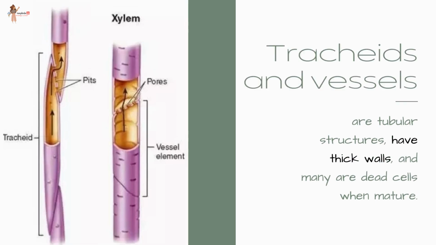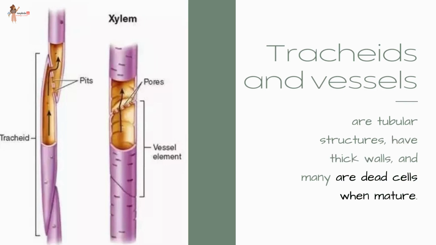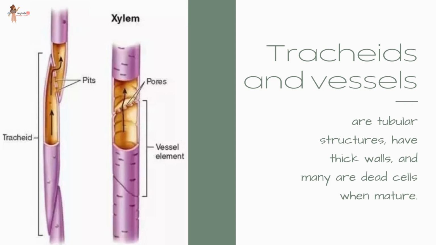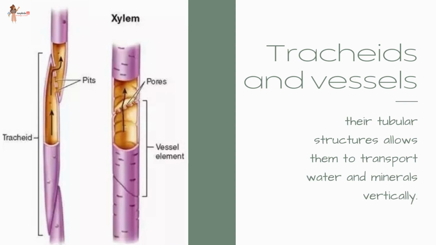Tracheids and vessels have thick walls, and many are dead cells when mature. Tracheids and vessels are tubular structures. This allows them to transport water and minerals vertically.